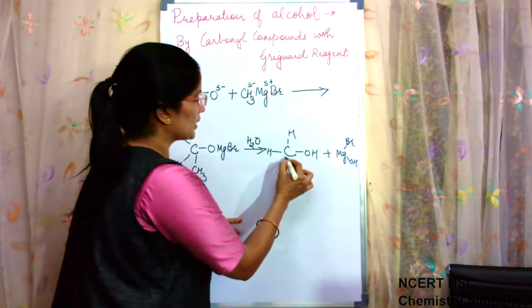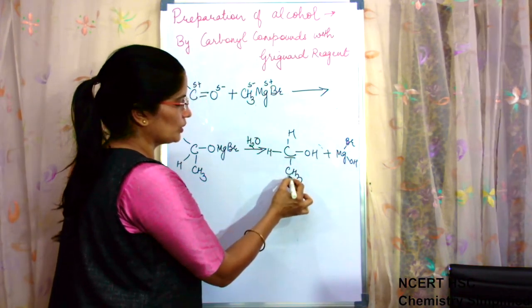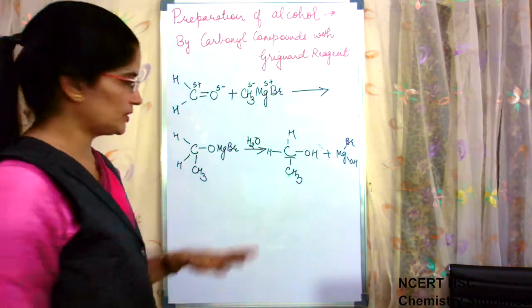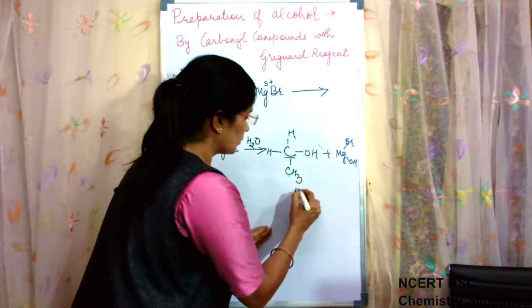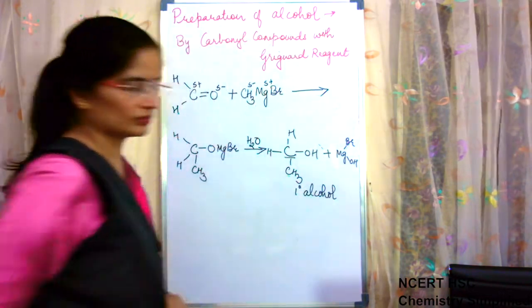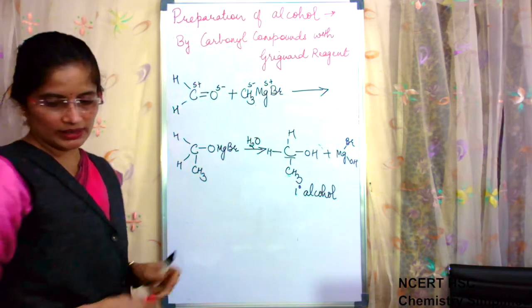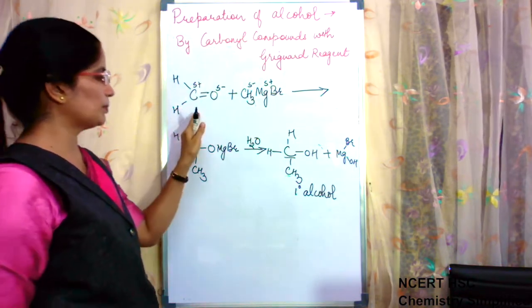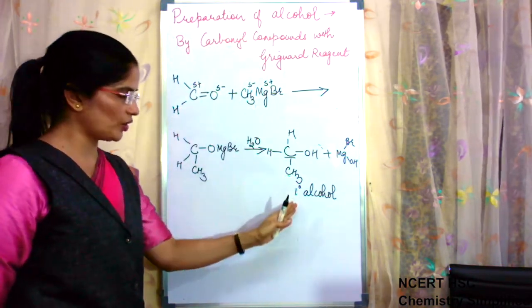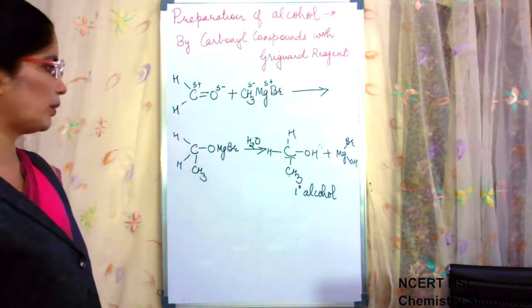The carbon atom which is bearing the functional group is attached to only one carbon atom. That means this is a 1 degree alcohol. So when we used formaldehyde as the starting carbonyl compound, with Grignard reagent we have obtained a 1 degree alcohol, or a primary alcohol.